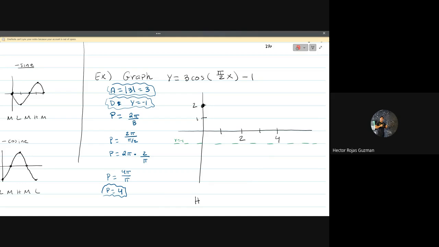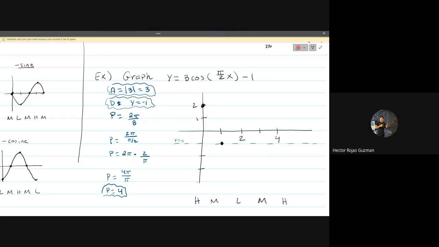Let's remember the pattern. Cosine goes high, middle, low, middle, high. So my next point has to be on the midline. That's the middle. To get my low point, just count 3 units down because that's the amplitude. 1, 2, 3.